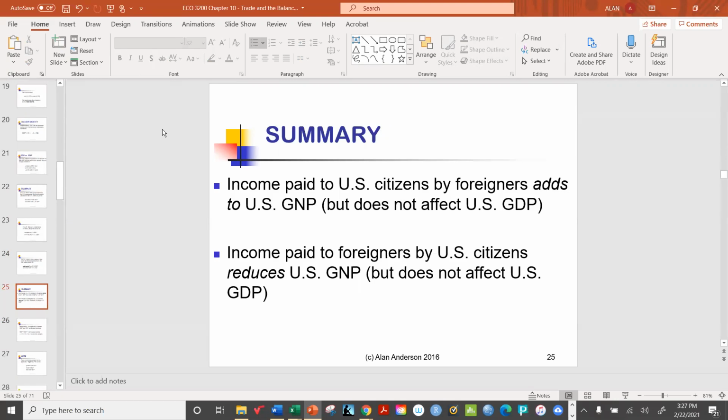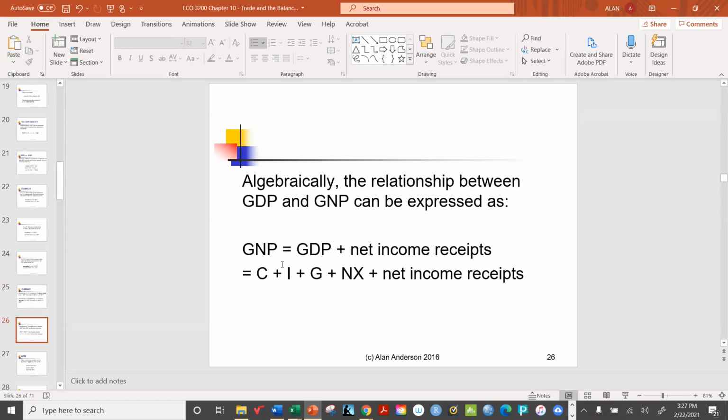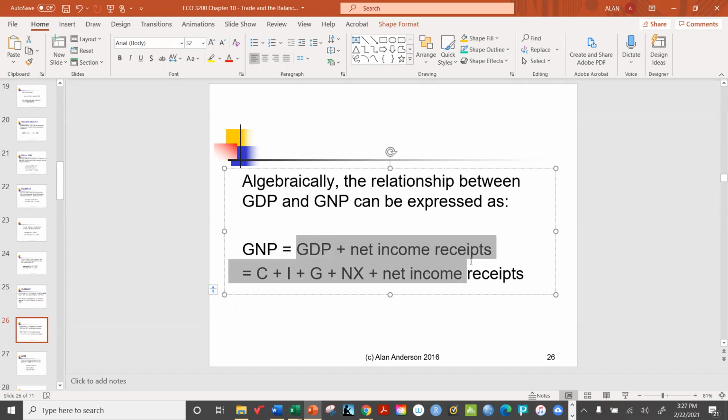Very good. Now, therefore, we can create an identity for GNP, which looks very much like the identity for GDP. In other words, GNP equals GDP plus the net income receipts, which means we have the four components of GDP plus net income receipts. And that's how they're tied together.